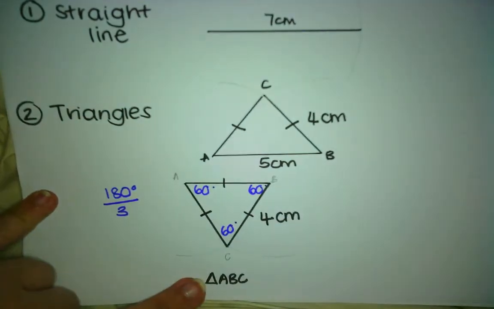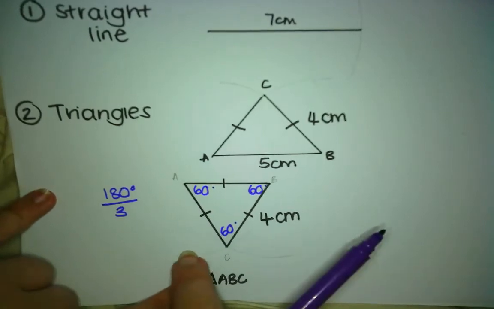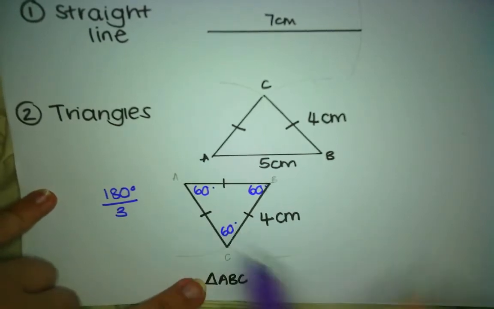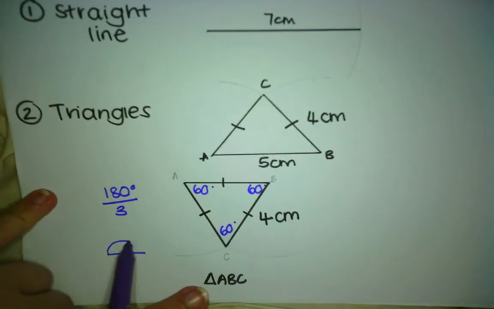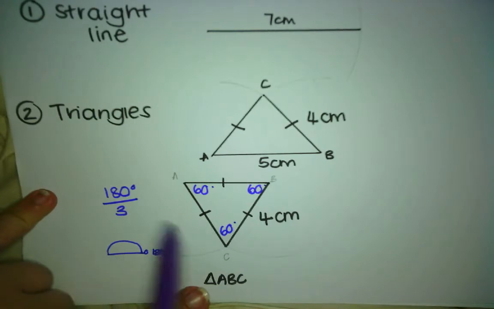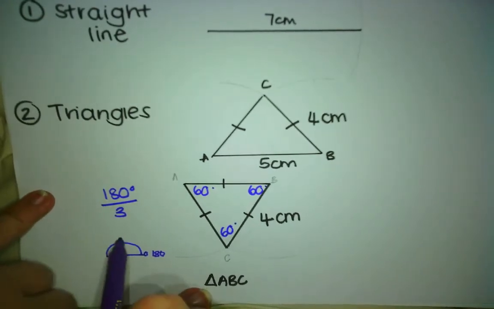If you take your protractor, which is the little half circle, it looks something like this. It's got a 0 here and a 180, or sometimes it's the opposite way around, it doesn't really matter. Then there's a 90 on top here.